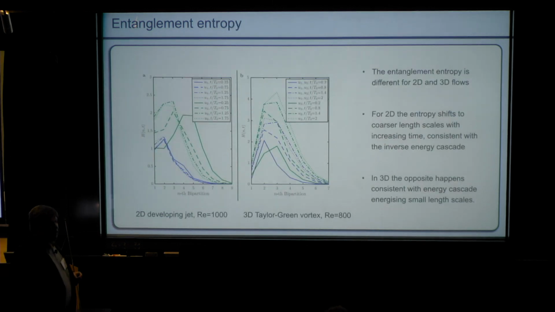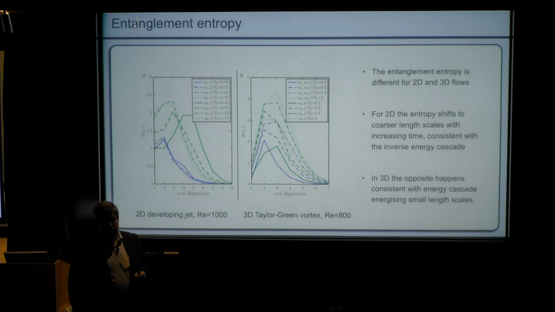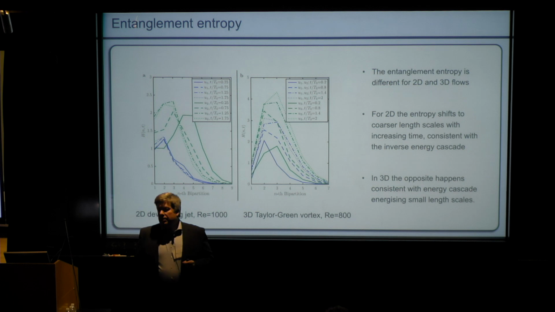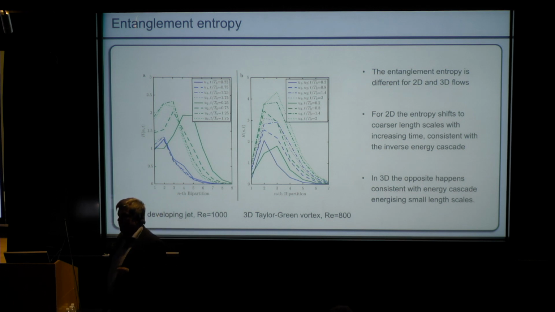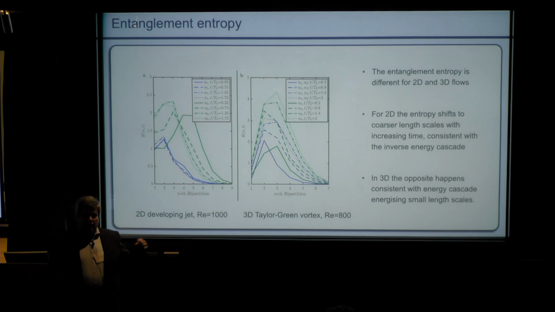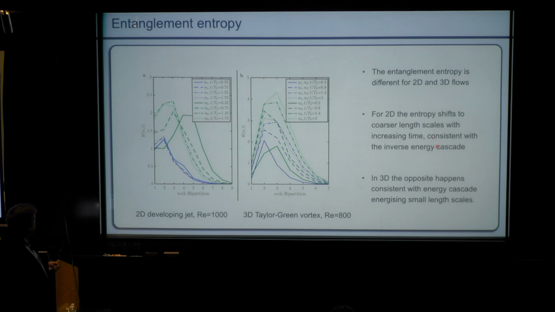Now we look at the entanglement entropy of these two different flows. What we find is very much in line with what I explained before, namely that in 2D, energy flows towards the larger length scales, and in 3D, it flows towards the shorter length scales. If we look at the 2D situation, there is this solution here. The green solution is a flow field, and its entanglement entropy across the various different partitions.